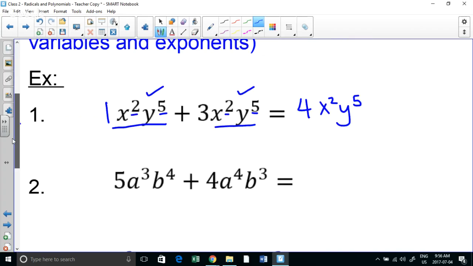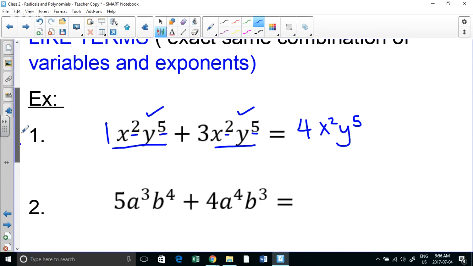Second example, I look at this. I have an a and I have a b in both, fantastic. But the a has a 3, and the other a has a 4. So we can't do anything. Even if these were identical, which they're not, we still couldn't do anything.